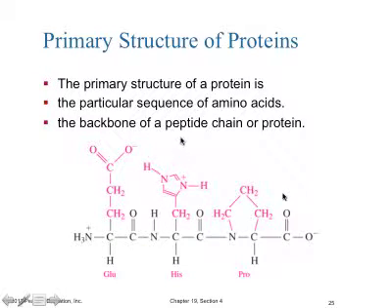Primary structure of proteins is what we've just been doing. We're taking amino acids and putting them together into a chain. This particular sequence of amino acids is the backbone of a peptide chain, and this is the primary structure. When our DNA is expressed through transcription, that is what we're doing. That is what your RNA and all the different processes that have to occur do.